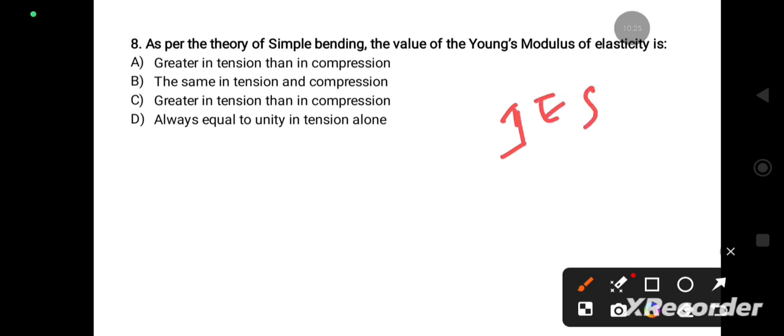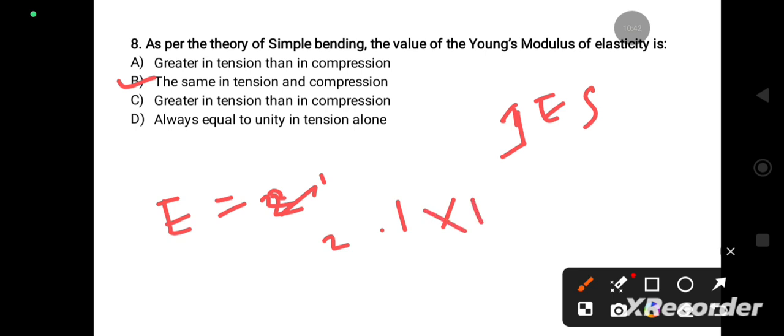The answer is that Young's modulus will be the same in both tension and compression, 2.1 into 10 to the power of 5 Newton per mm square, both in tension and compression. Option B is the answer.